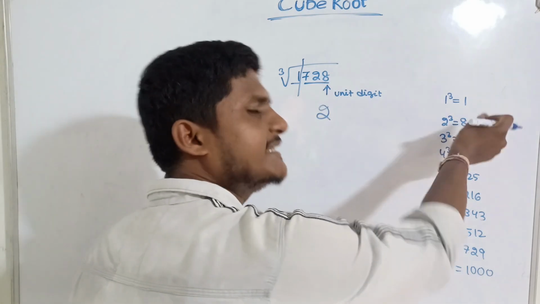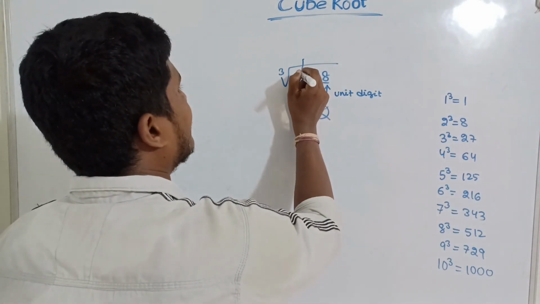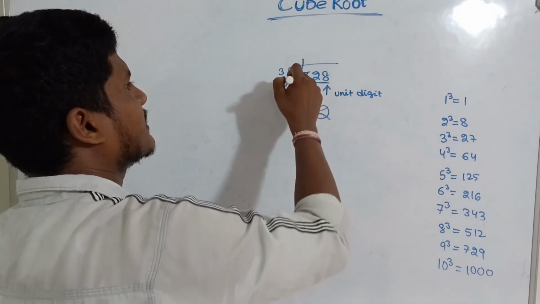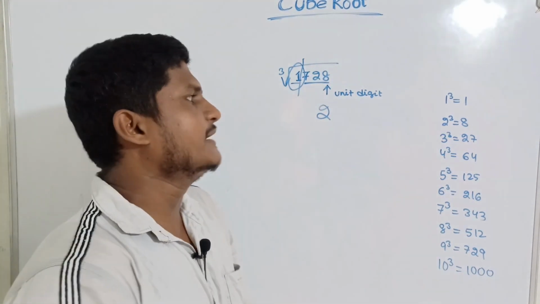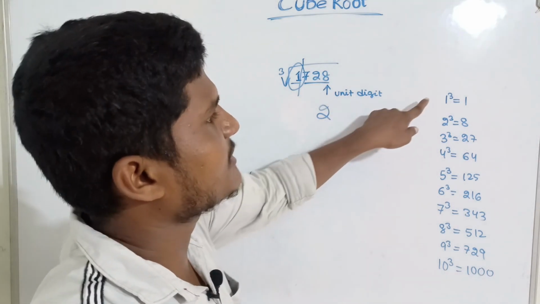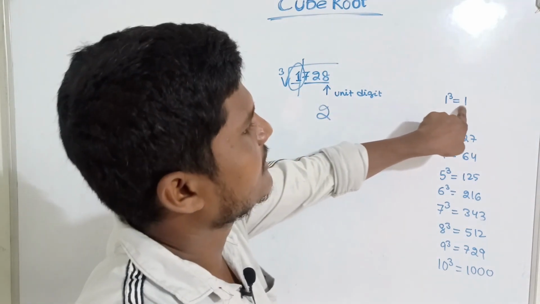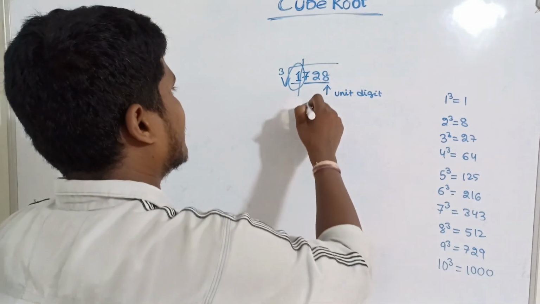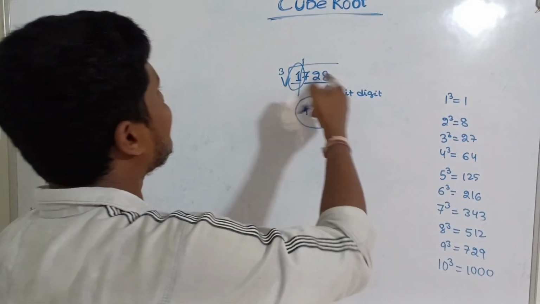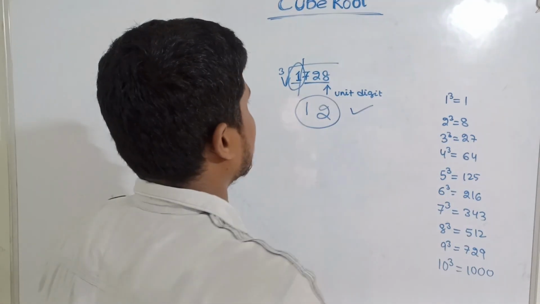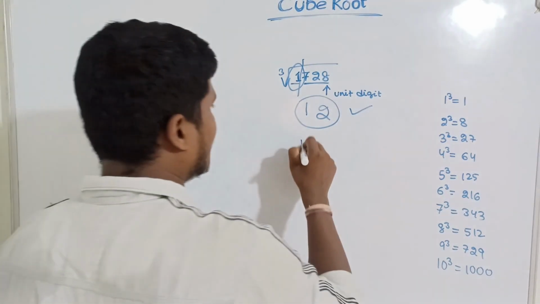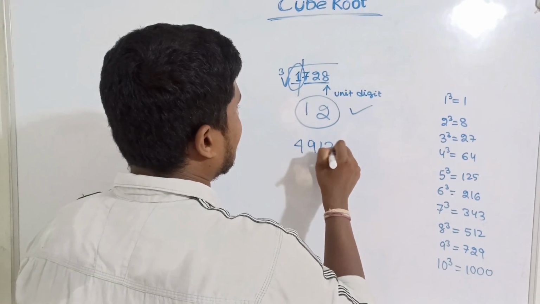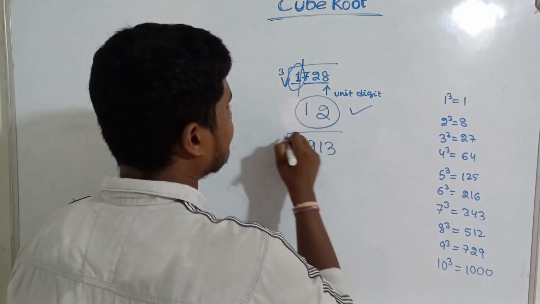Here the remaining part is 1. Which number's cube is nearest to 1? 1 cube is also nearest to 1. So 1. What is the cube root of 1728? That is 12. Answer.